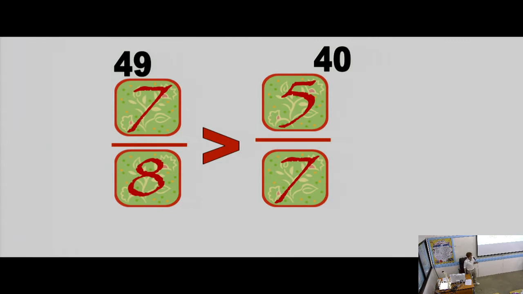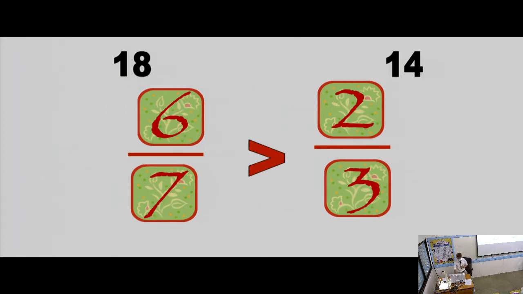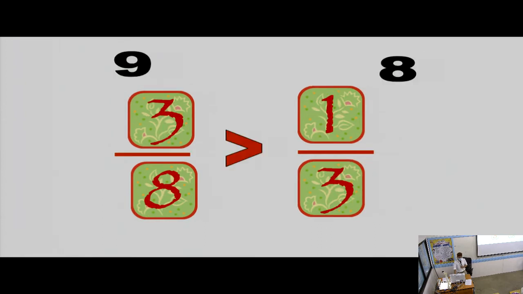Okay, the answer is more than, because 7 times 10 is 70... 7 times 7 is 49, 5 times 8 is 40. You understand? Easy, right? So that's how you're going to compare fractions. Next, just remember the symbol, okay?